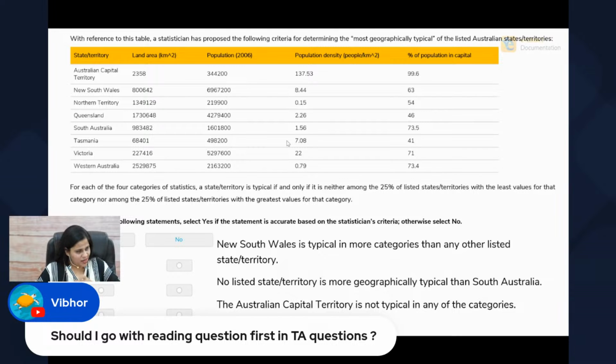So we quickly read all three statements and said we need to understand which states are geographically typical and which are not in each of the four categories. Here again, you understood the data set, and only then you looked at the statements, not in detail, but just to verify your hypothesis that all that analysis is required.